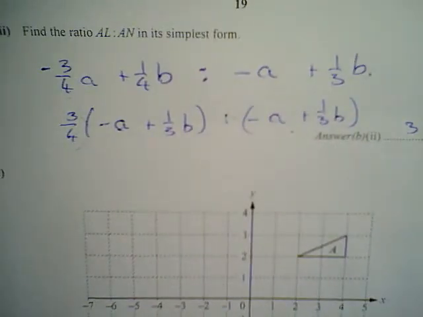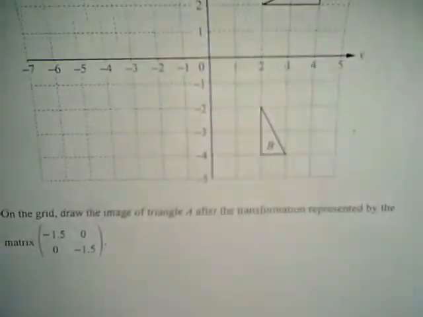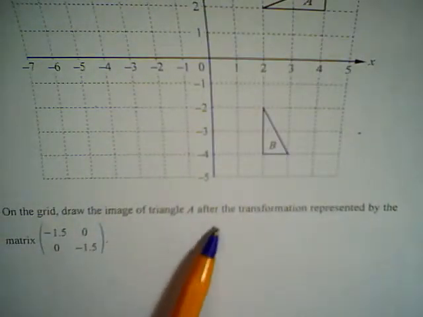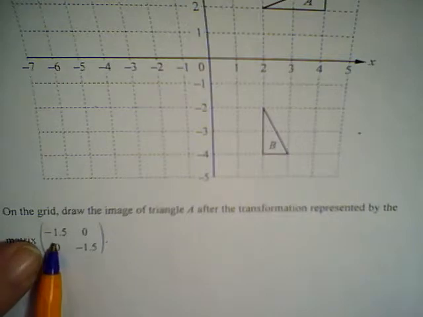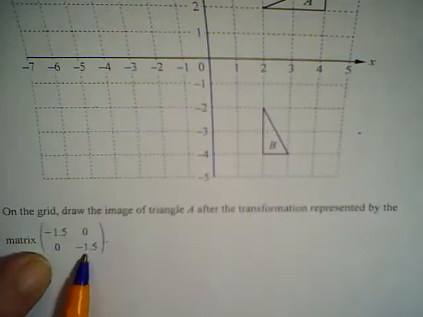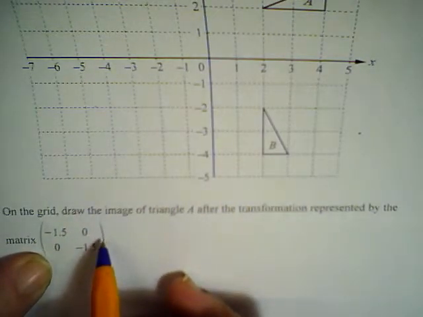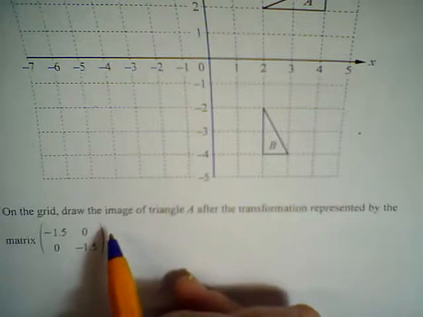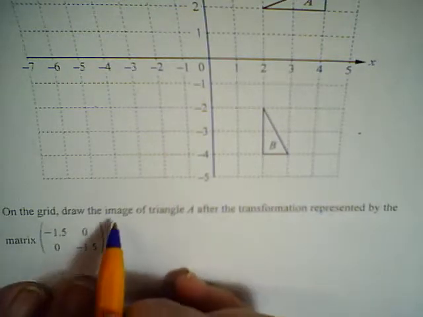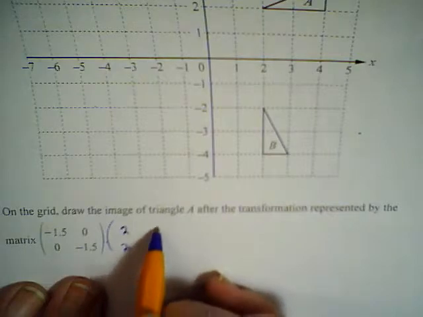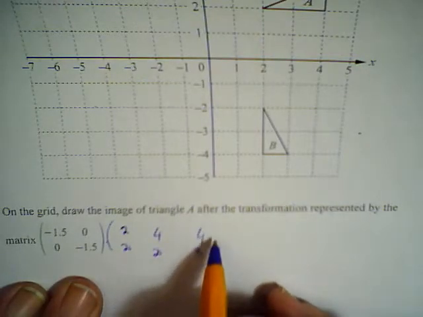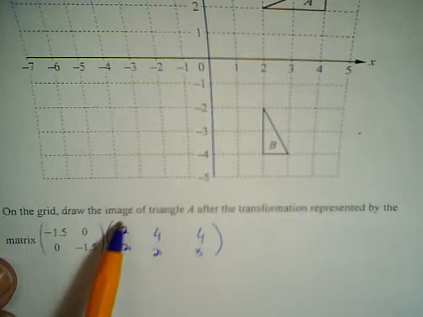Okay. Good. So the last little bit is a matrix question. Again, we've got to do some things there. Let's have a look. On the grid, draw the image of triangle A after the transformation represented by the matrix -1, 0, 0, -1.5. Okay. So it's a rotation, but let's quickly multiply it with our matrix A. So matrix A is 2, 2, 4, 2, 4, 3. Okay, it's the row times the column.